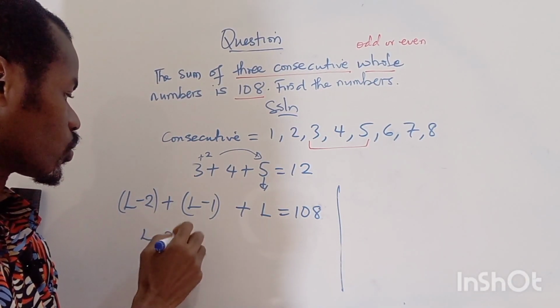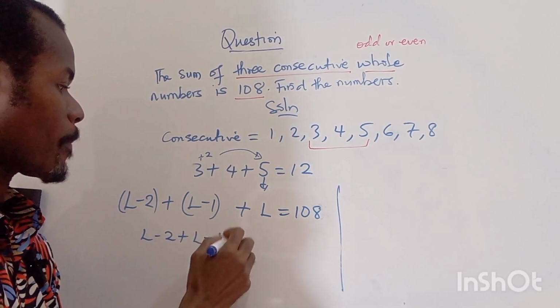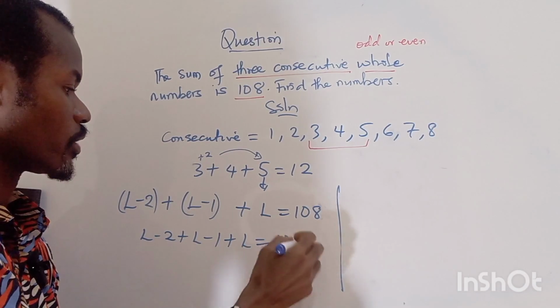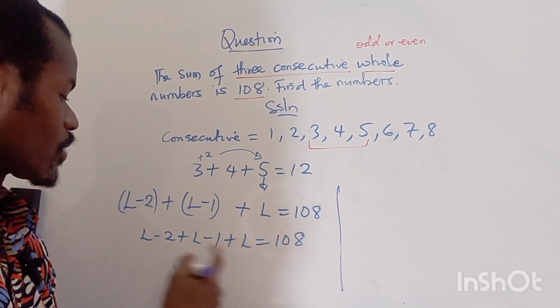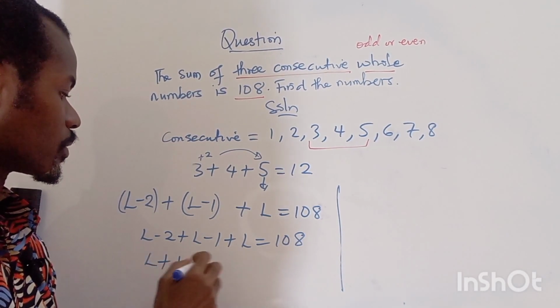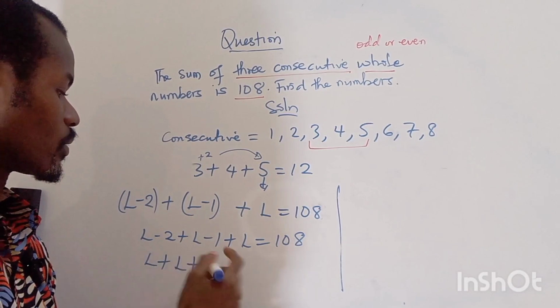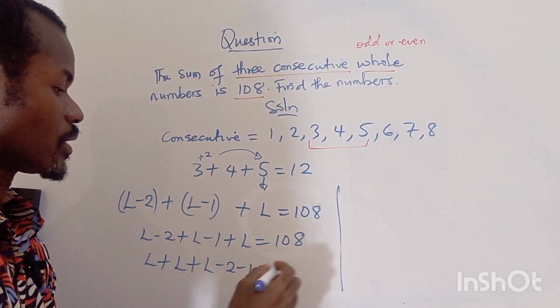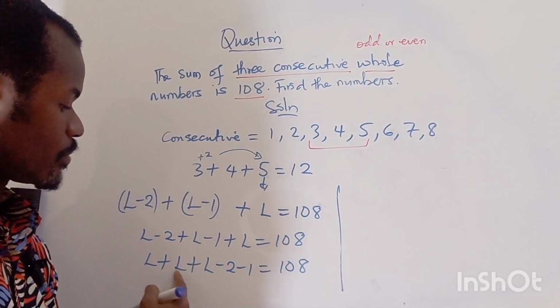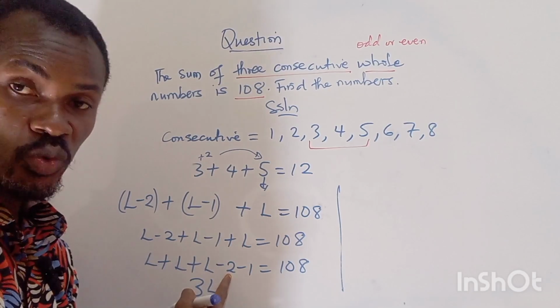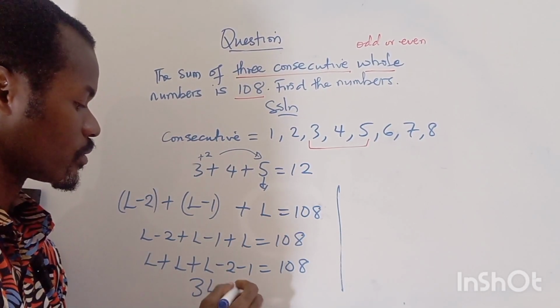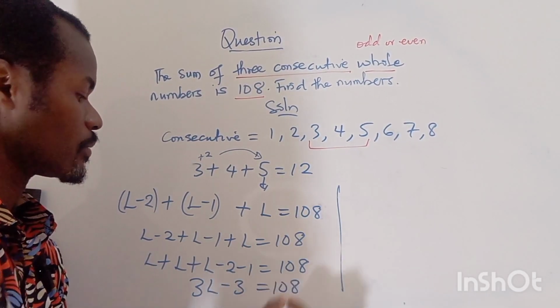So we have L minus 2 plus L minus 1 plus L is equal to 108. So we have L plus L plus L. We are collecting like terms. Okay, we have minus 2 minus 1. L plus L plus L is 3L. Minus 2 minus 1 is going to give us minus 3, which is 108.